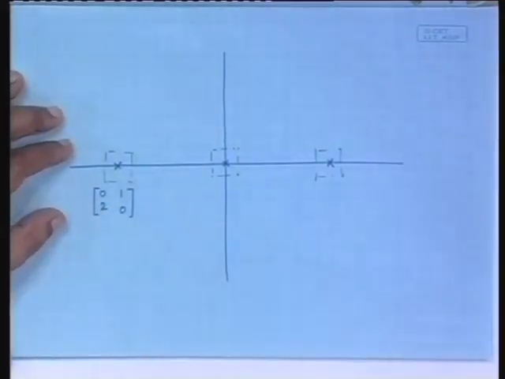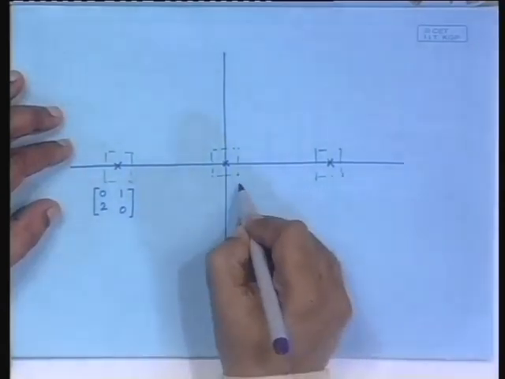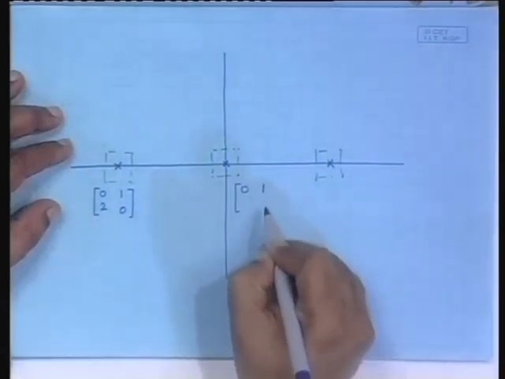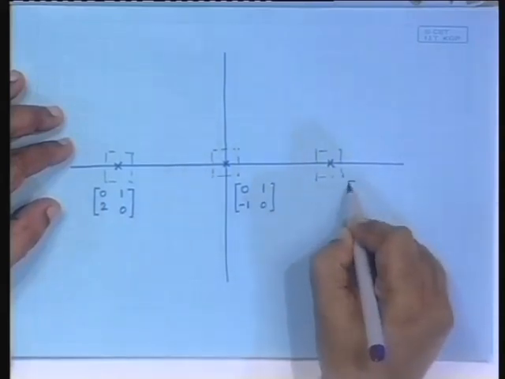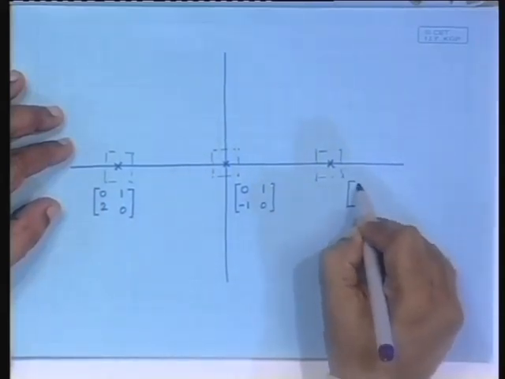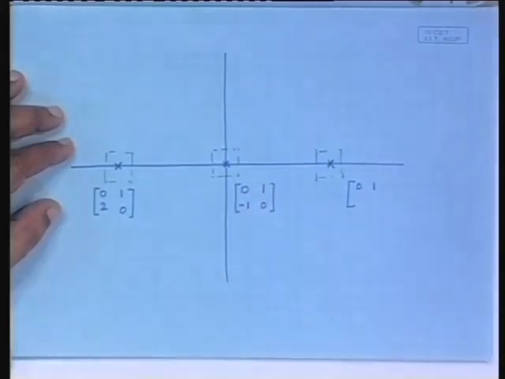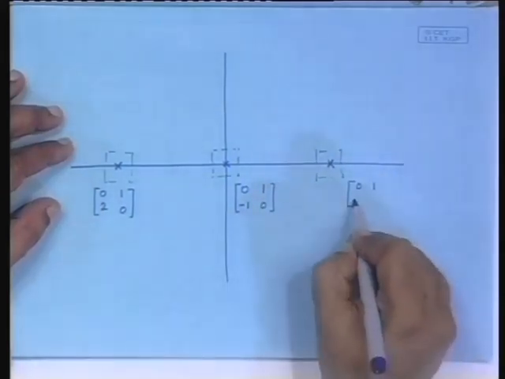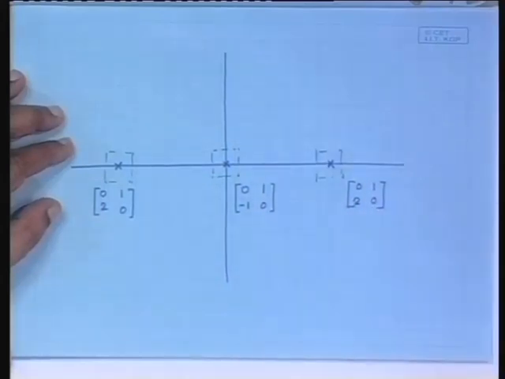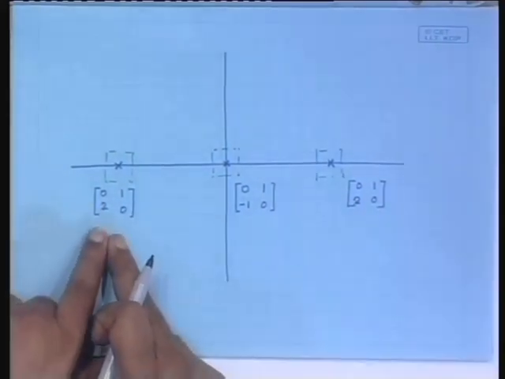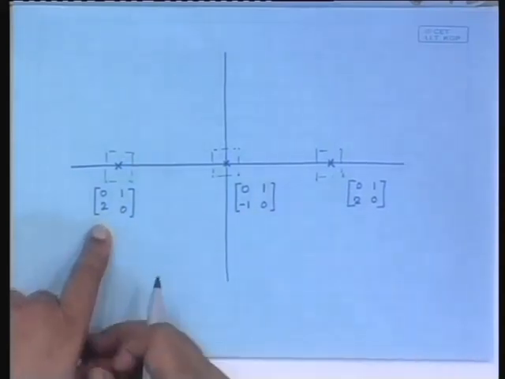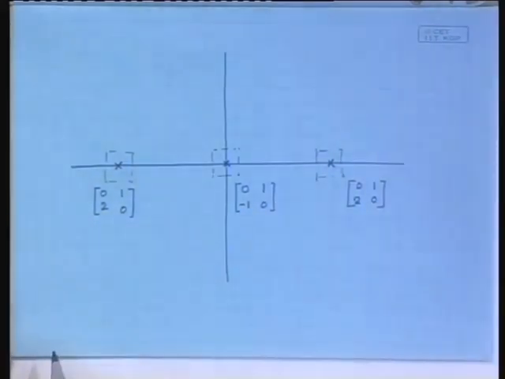At this location what do you have? 0, 1, -1, 0, and at this location you have 0, 1, same, because it is squared. Okay. Now, the next step is to obtain the eigenvalues and eigenvectors.